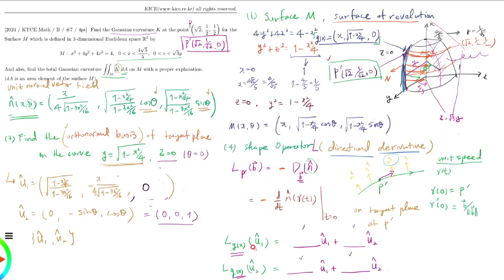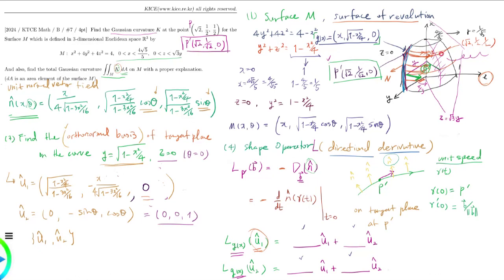Okay, and for the shape operator in the direction of u1, by the virtue of the surface of revolution, this u1 direction is irrelevant to z direction. Z coordinate is here, which is related to theta here. So only when theta changes, the z direction changes.